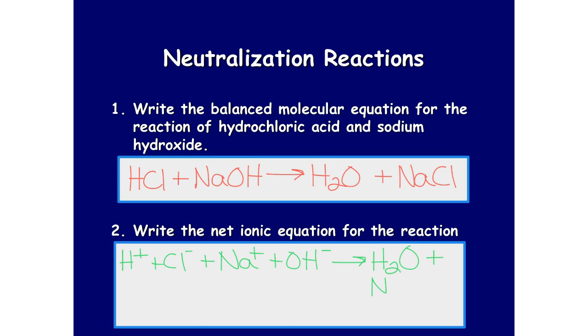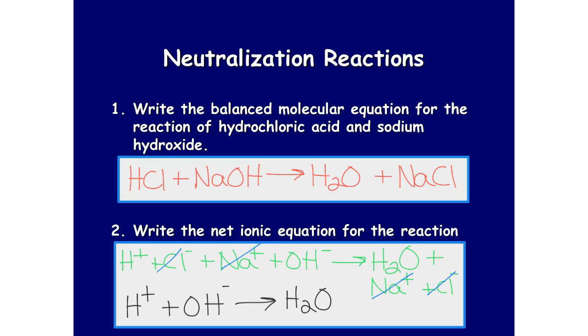All right, then we would also break apart NaCl into its ions. Then we need to cancel our spectator ions, Na and Cl. Then we finish with what is left. So the hydrogen ion plus the hydroxide ion combines to make water.